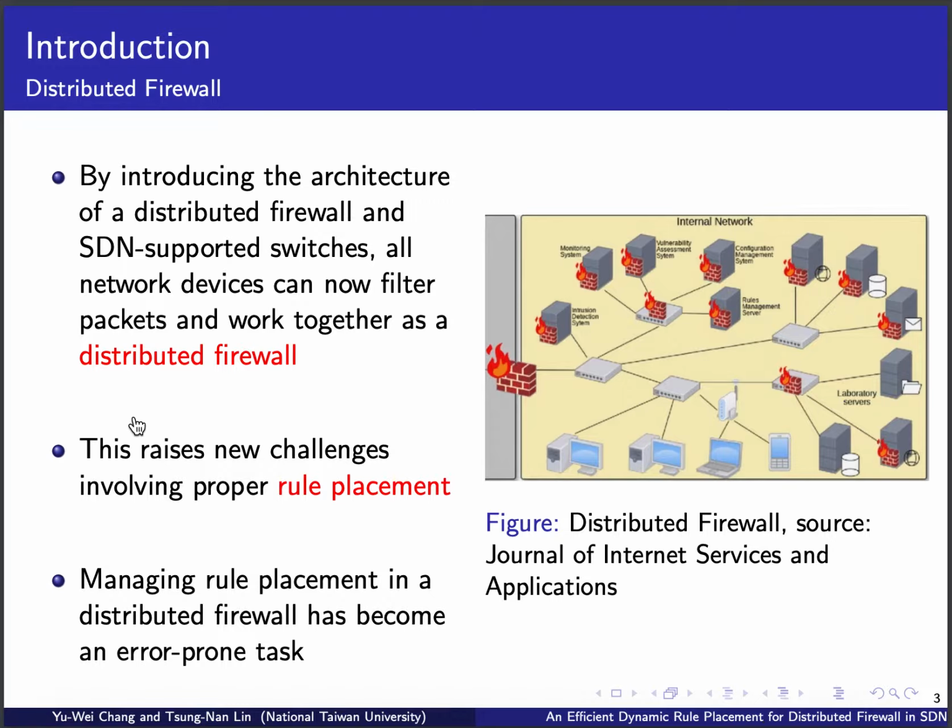First, by introducing the architecture of a distributed firewall and SDN supported switches, all the network devices now can become a firewall in an intranet. As shown in the right figure, now you can see that not only the gateway switch can filter anomaly packages, but also these switches in the intranet can detect attacks from hackers.